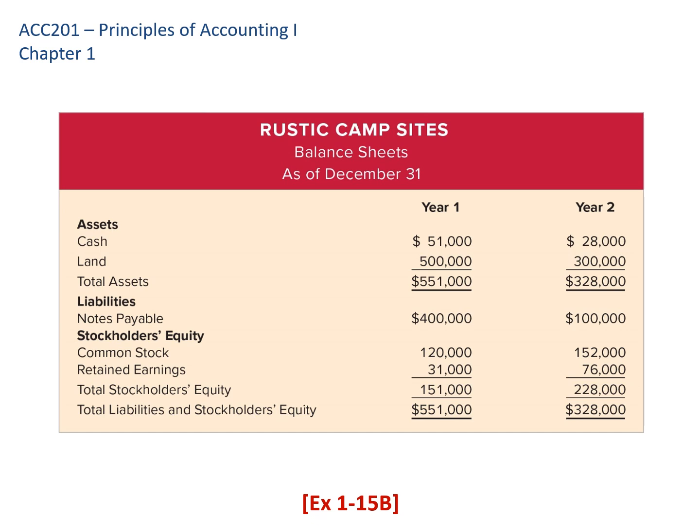Did they get healthier or less healthy? So you can see here we show assets of cash and land. For total assets, we have liabilities, just one, that note payable, and then we have our stockholders' equity. And you can see here total assets in year 2, $328,000 equals total liabilities and stockholders' equity of $328,000. So it is in balance. Again, that's the equation being in balance.